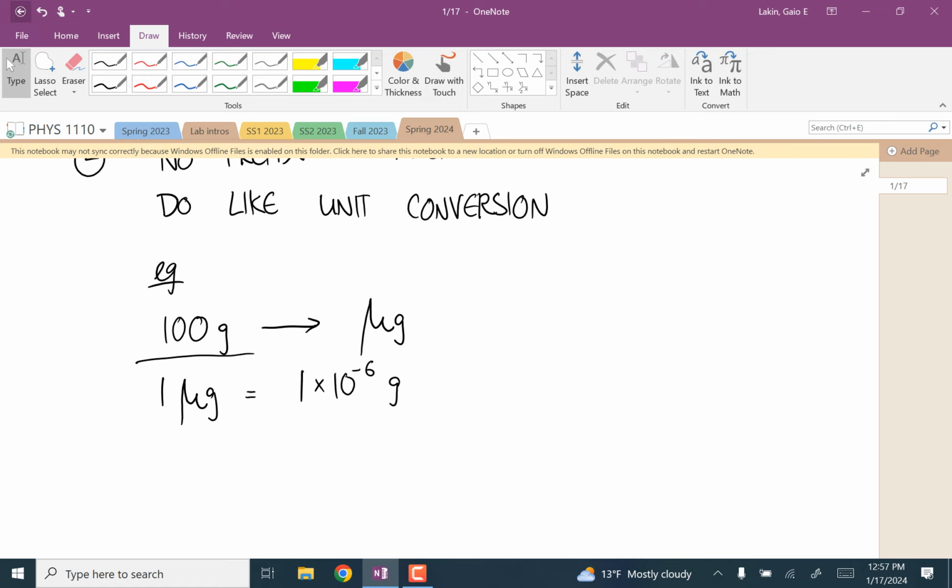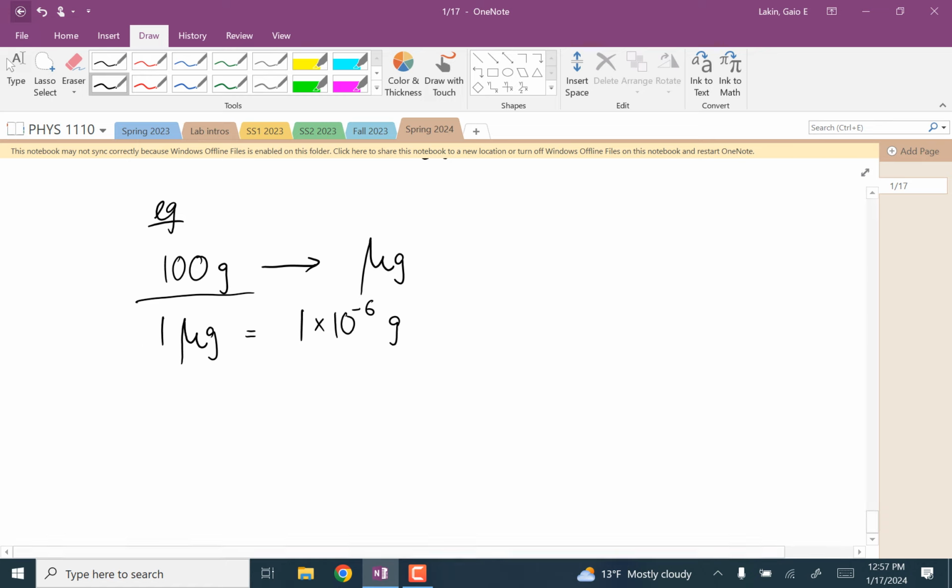Now, given that that's a conversion, I can just do it like, so now I'm going to start with 100 grams. And I'm going to use this conversion by multiplying by the conversion factor, 1 times 10 to the minus 6 grams in the denominator, 1 microgram in the numerator.